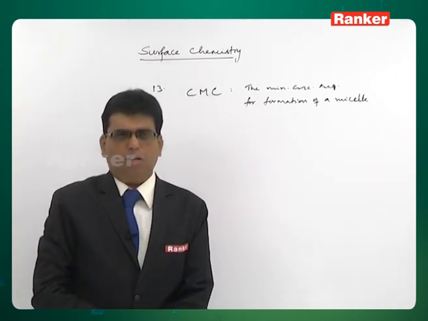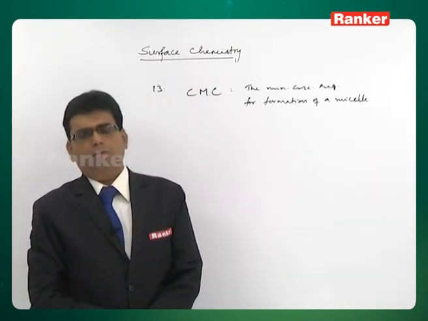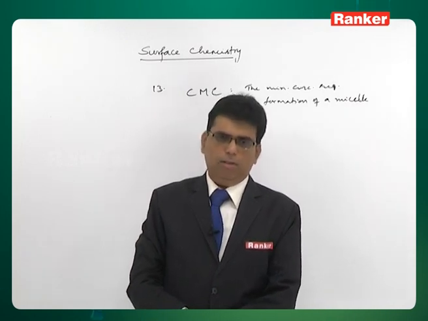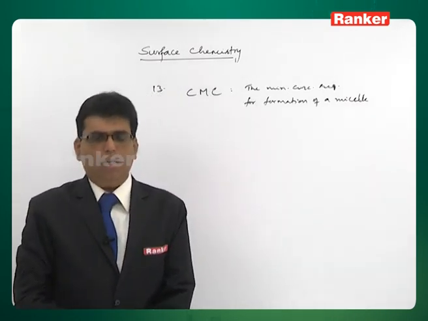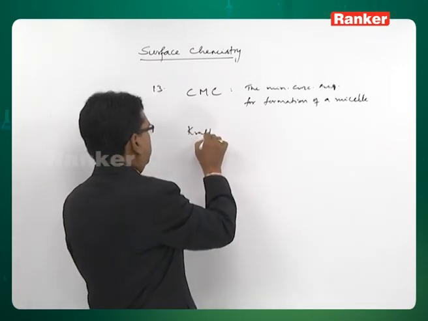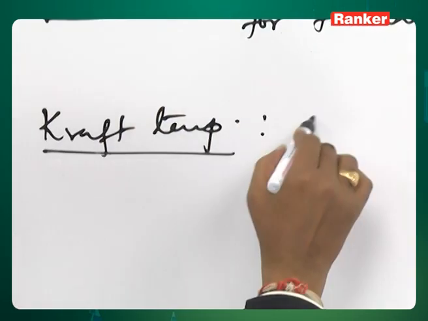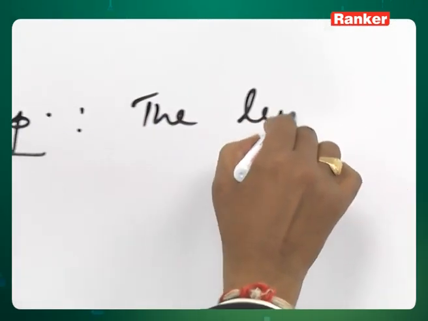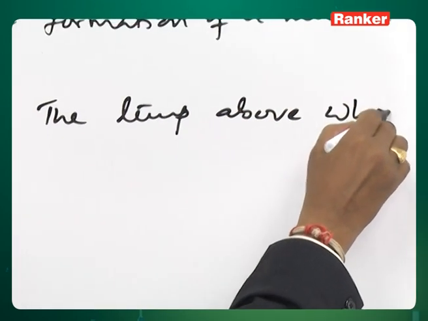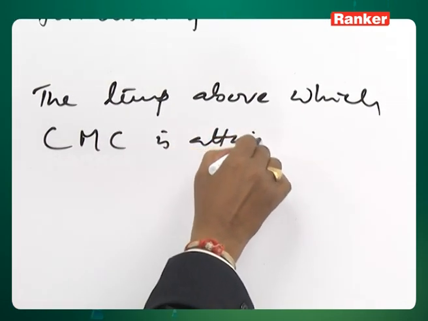Below critical micelle concentration, the dispersed phase will behave as an electrolyte, above which it forms a colloid. Here we also have to know about the Kraft temperature. Kraft temperature is the minimum temperature above which CMC is attained.